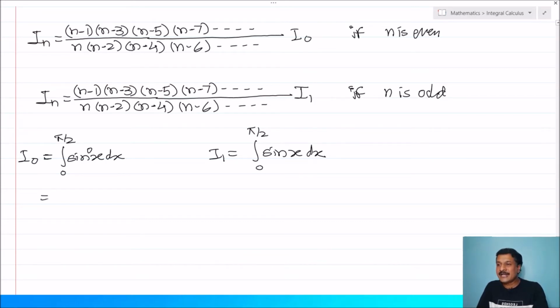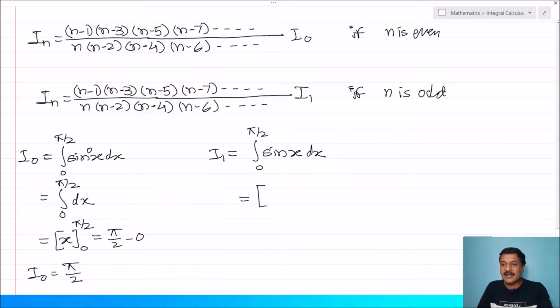As we know, sine x raised to 0 is 1. So I am getting integration 0 to pi by 2 of dx. And what is the integration of dx? It is x from 0 to pi by 2, means limits are 0 to pi by 2, so upper limit minus lower limit. So I am getting here I0 equal to pi by 2.